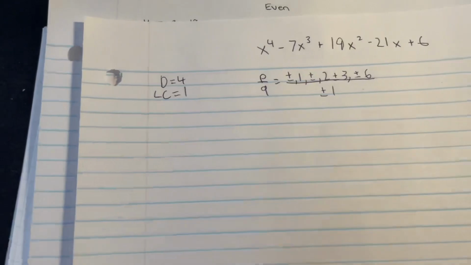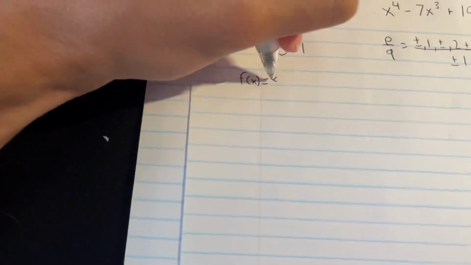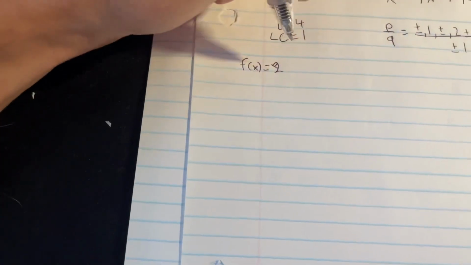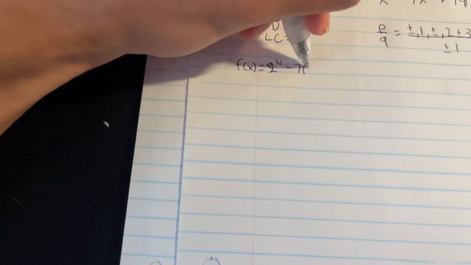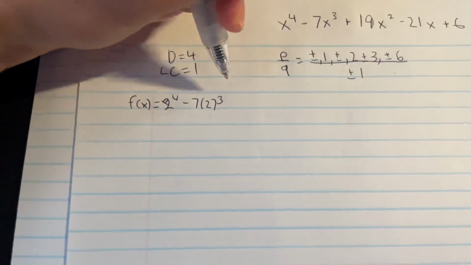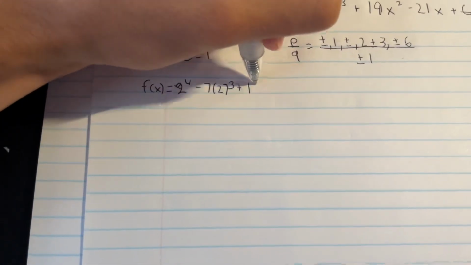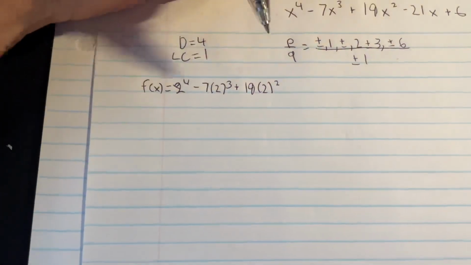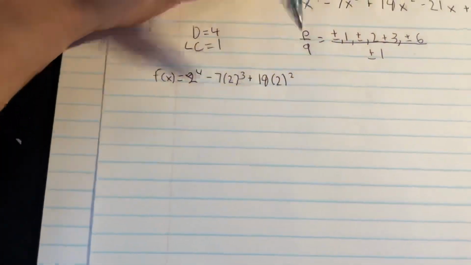Okay, so to save us some time, I know that x minus 2 is a factor, so let's just randomly choose f of 2 is equal to 2 to the power of 4 minus 7 times 2 to the power of 3 plus 19 times 2 to the power of 2. So we're just inputting the value into our function, and it should equal 0.